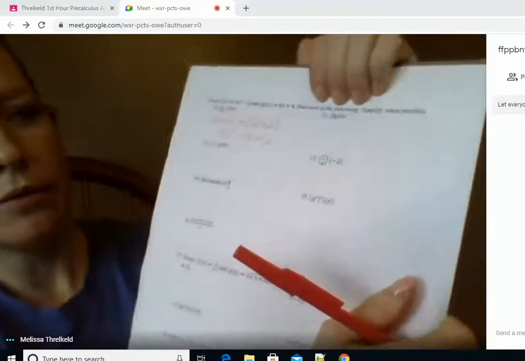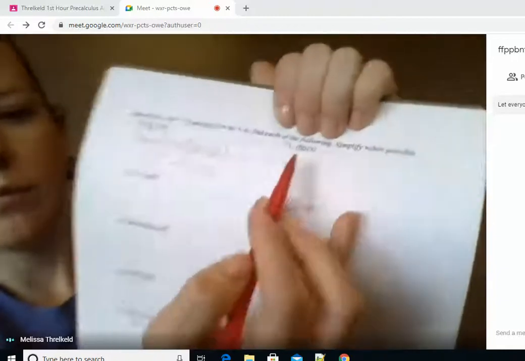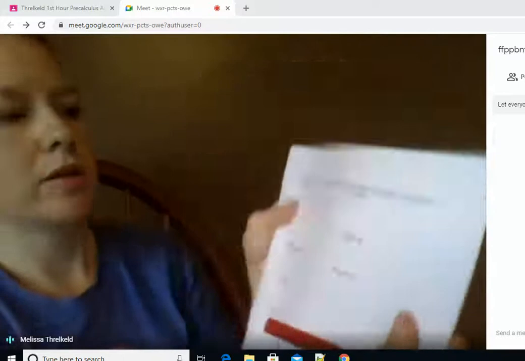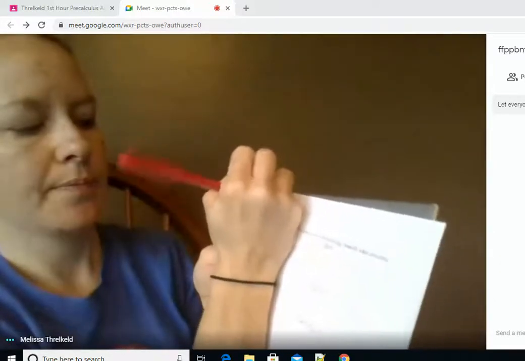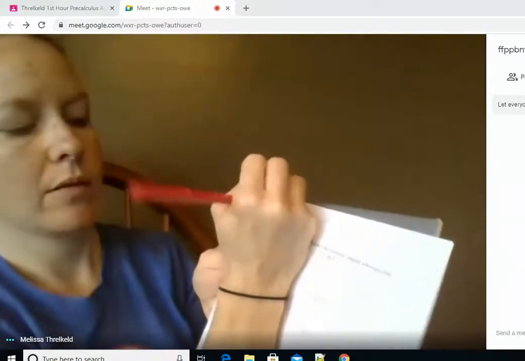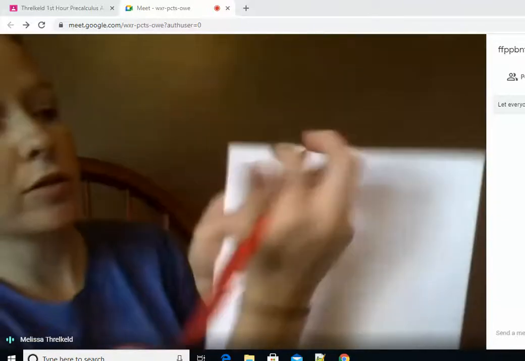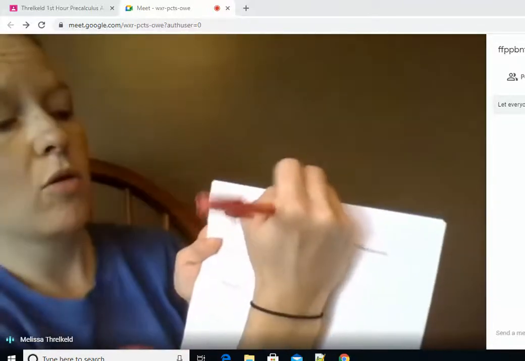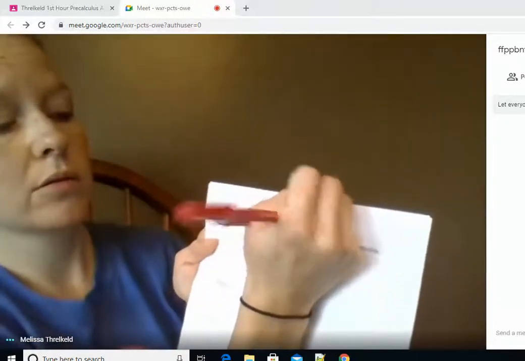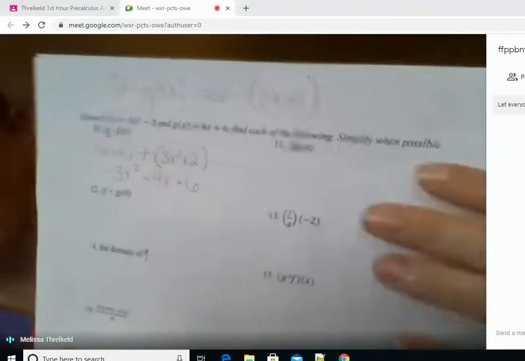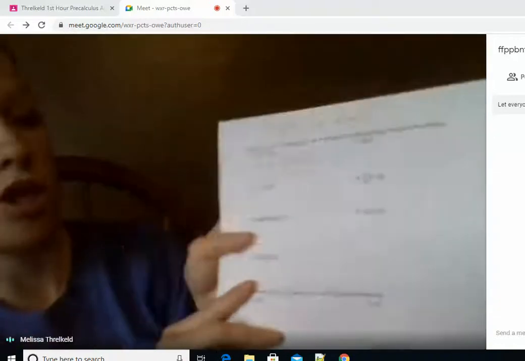Number 11, don't confuse this with the composition. The composition will either look like the f composed with g with a little circle in between, or double parentheses. I don't have either of those here. All this one does is f times g.